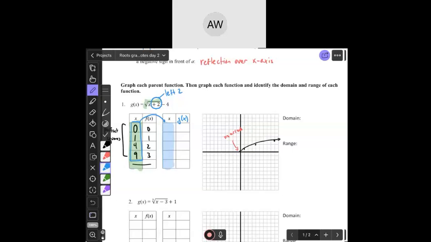If you're at 0 and you go left 2, where did you end up? Yeah, you want to subtract, right? So because it said left 2, we're going to subtract 2 to all those values. So instead of being at 0, we're going to be at -2. Instead of being at 1, we're going to be at -1. Instead of being at 4, we're going to be at 2. Instead of being at 9, we're going to be at 7. And we won't have a fifth point.